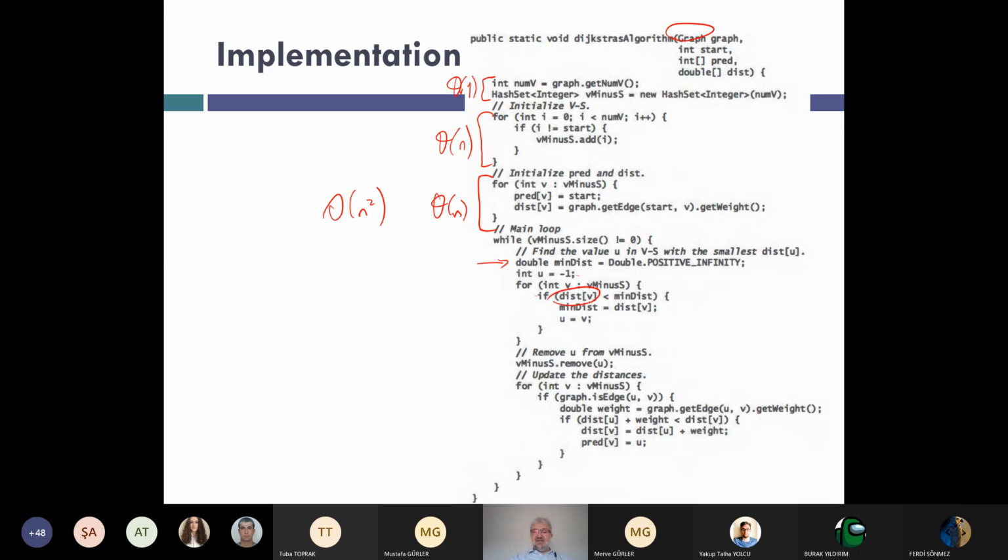And if distance is less than minimum distance, we update minimum distance and u, the vertex that gives the minimum distance, right? This operation will take linear time with the number of vertices in V minus S, and that value will be n minus 1, n minus 2, n minus 3, etc. It will take theta n squared time.